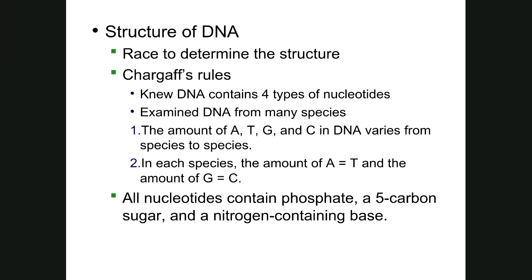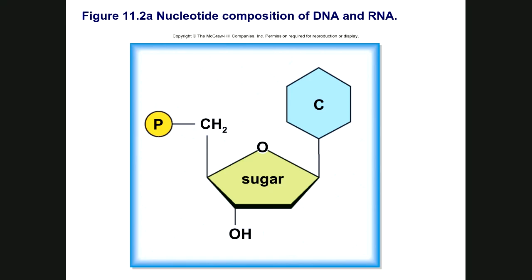So you already know the three components of a nucleotide. So this is each nucleotide: a phosphate group, a 5-carbon sugar and a nitrogen containing base.